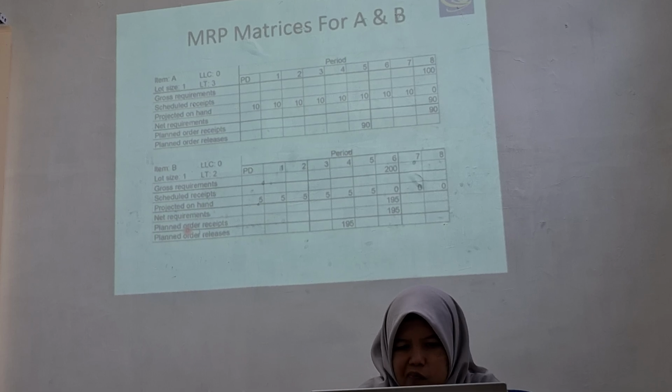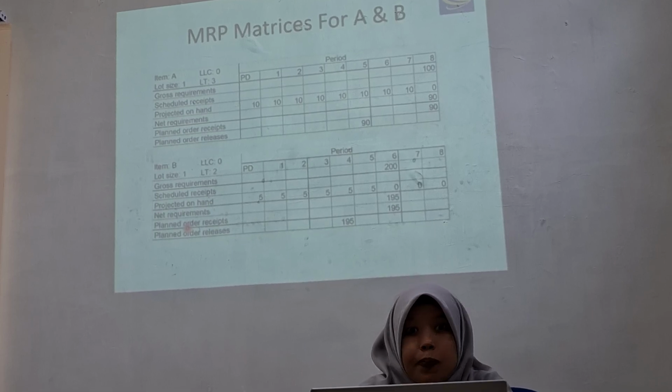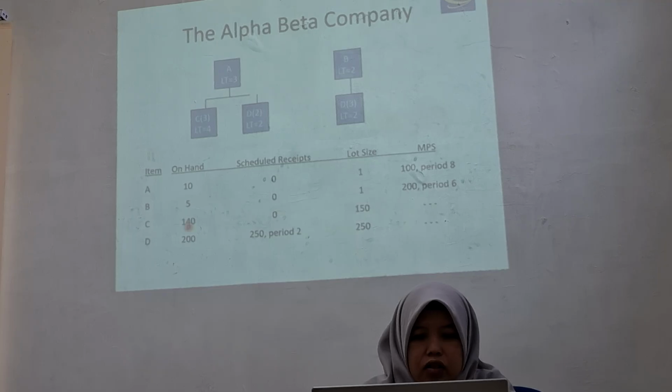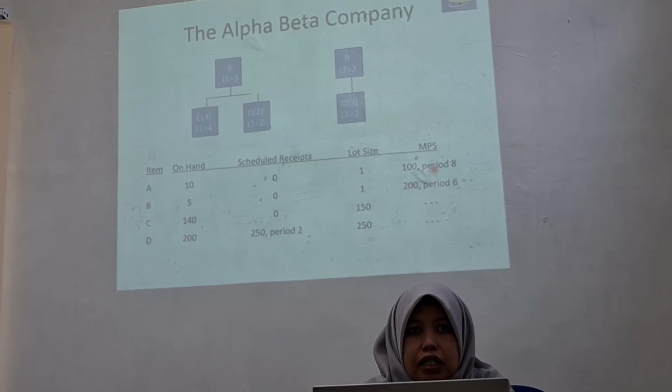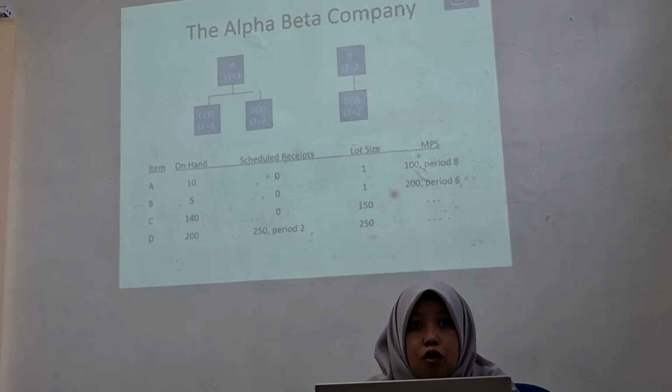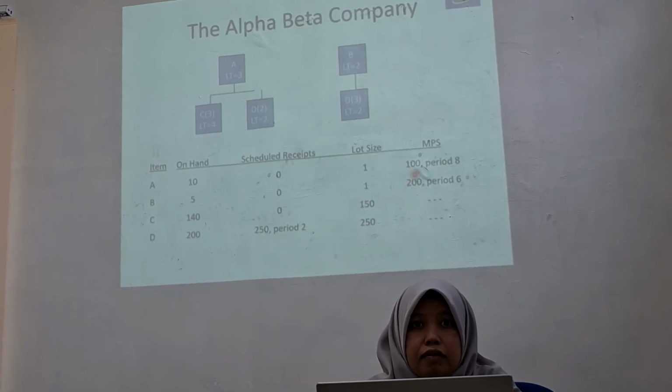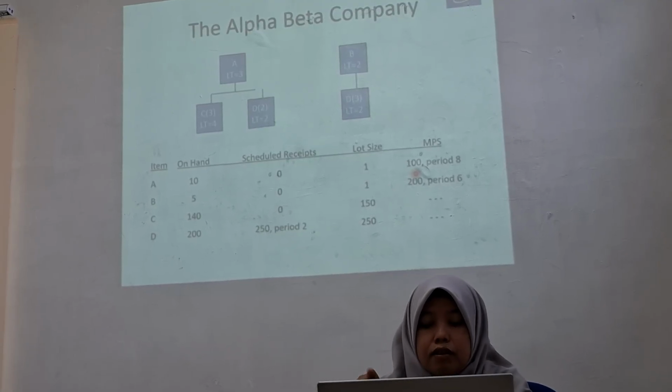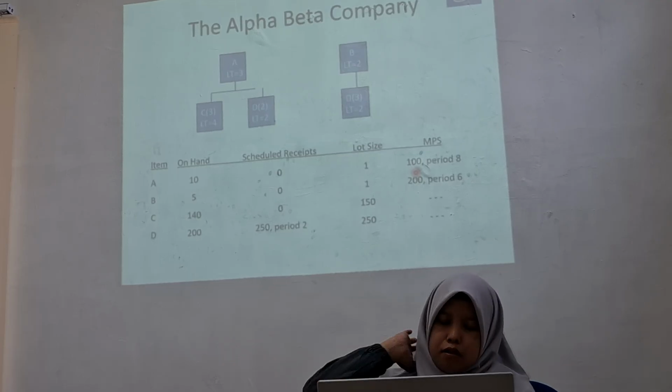Excuse me, was the gross requirement given in the problem? Gross requirement is MPS. MPS is for forecast. Yeah, forecast updated is MPS, MRP.